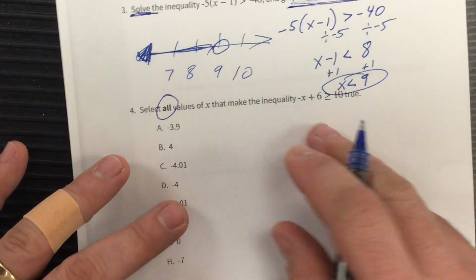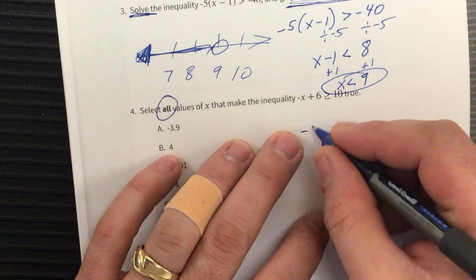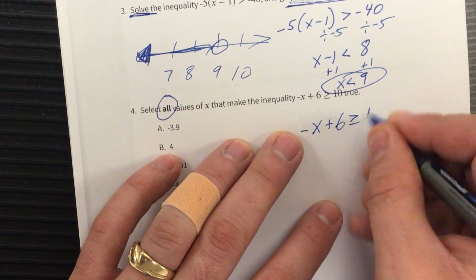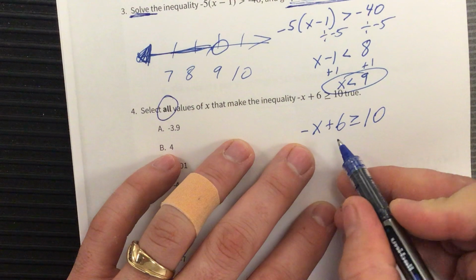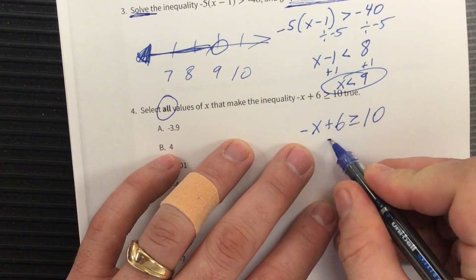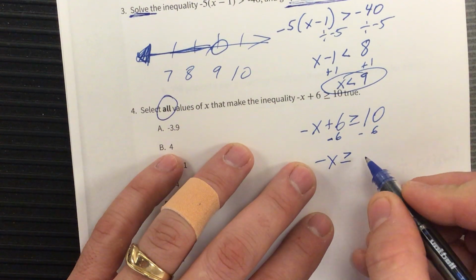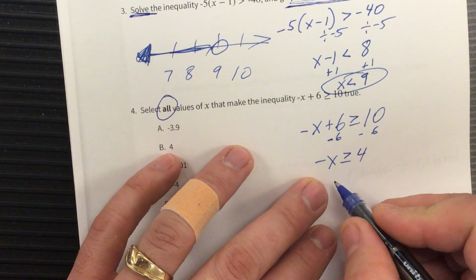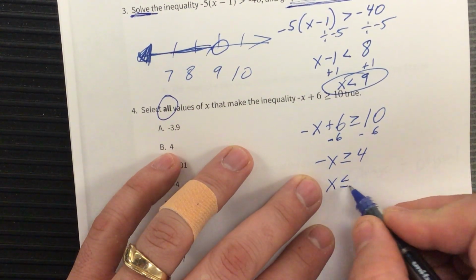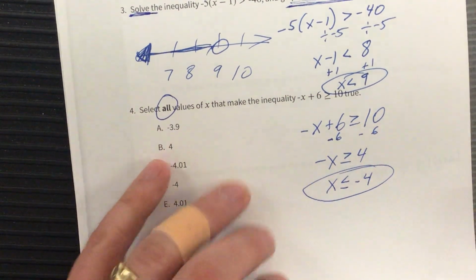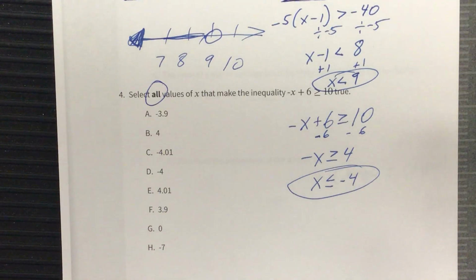Next question, I'm just gonna solve this one to help me out. No parentheses, so how do I get rid of the 6? 10 minus 6. 4, now I have negative x again, so I'm gonna switch every sign. So you will circle all numbers that are less than or equal to negative 4.